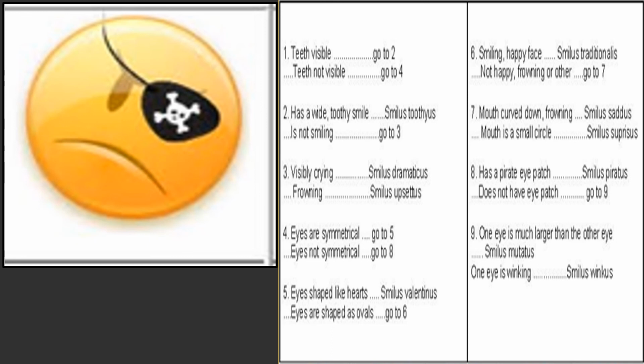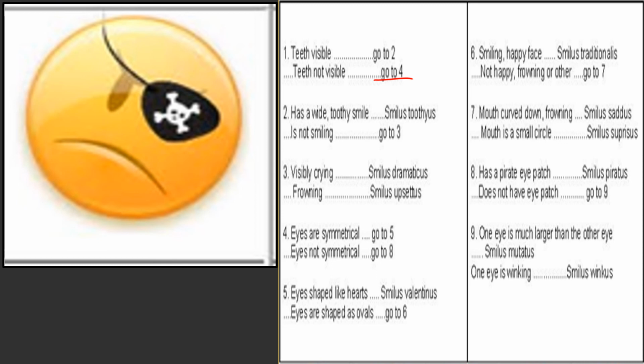And we're going to do one more just for a little bit of fun. All right, so we had this smiley, angry face guy. We're going to start at number 1 because we always start at 1. Are the teeth visible or not visible? I don't see any teeth, so we are going to go to 4.